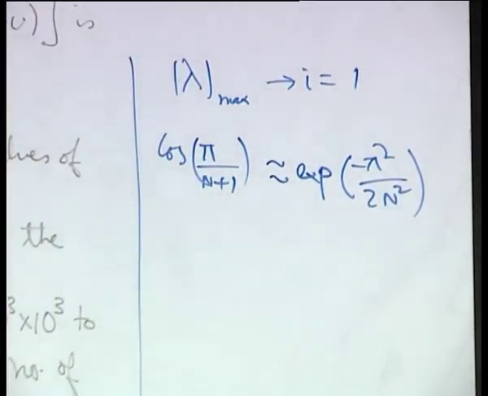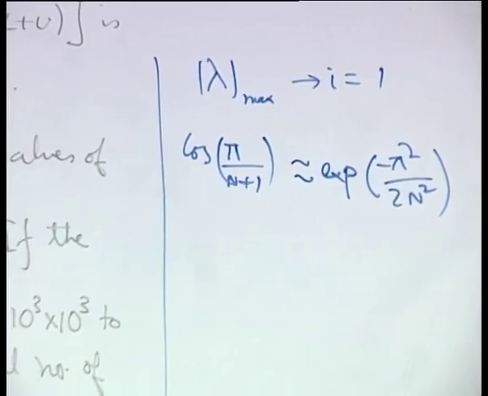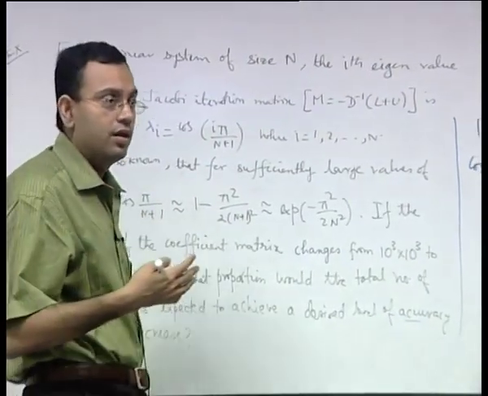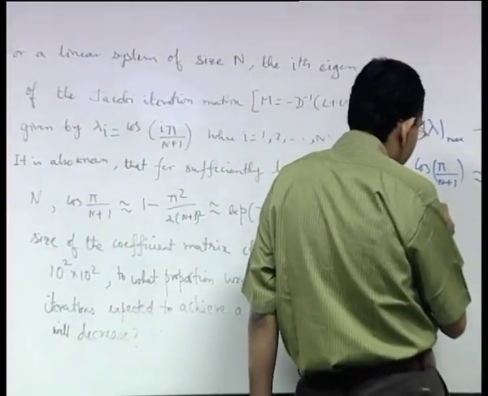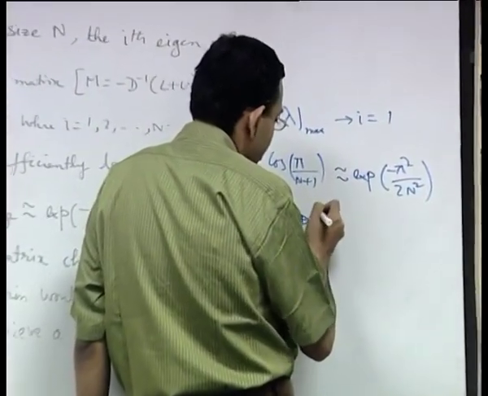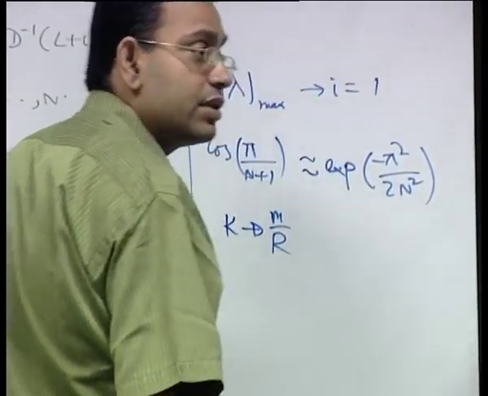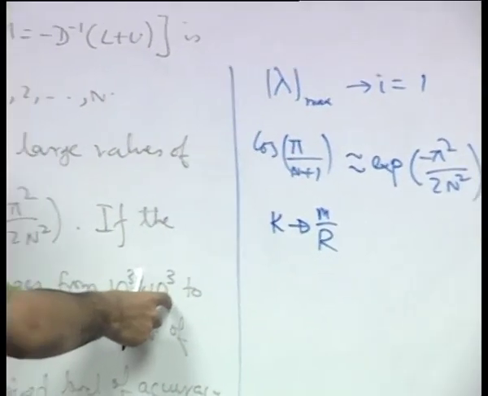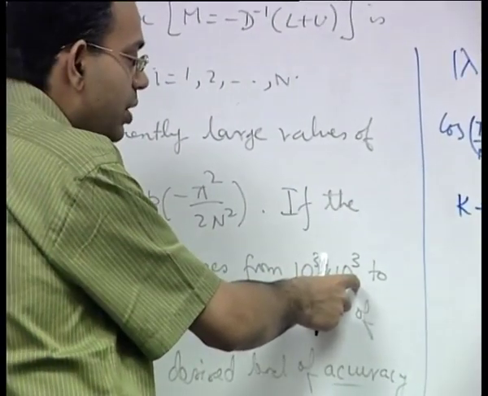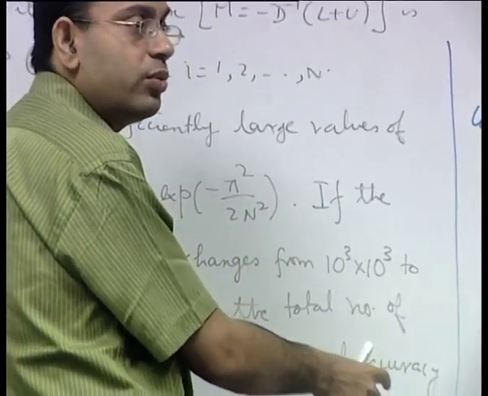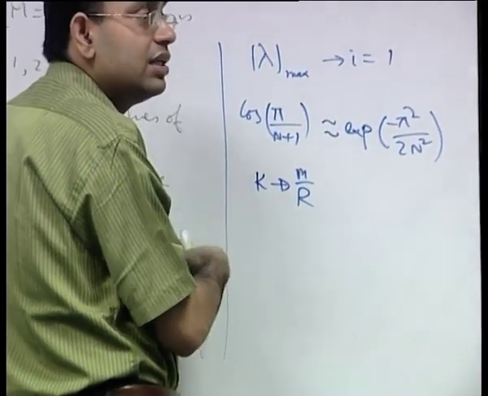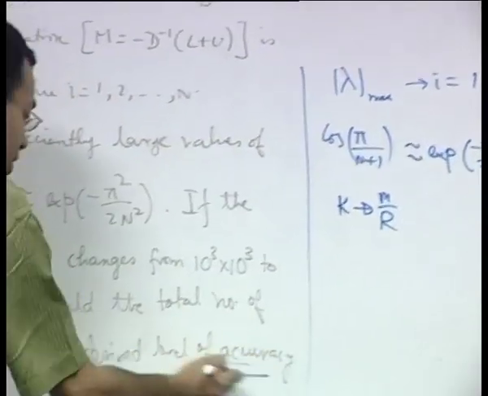Now, how do you estimate the total number of iterations to achieve a desired level of accuracy? You estimate it through the rate of convergence. So, your k estimation is m by r estimation. Remember that as you are decreasing the size of the coefficient matrix from 10 to the power 3 by 10 to the power 3 to 10 to the power 2 by 10 to the power 2, the accuracy level expectation is not changing.